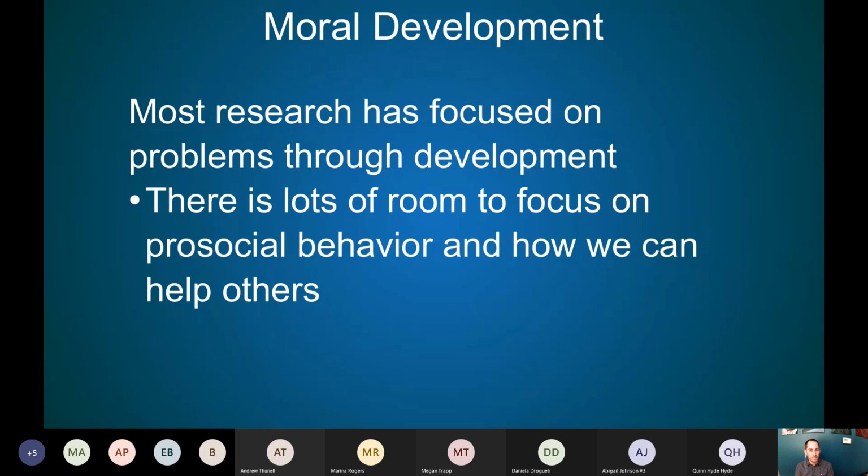With this, a lot of research on development, on socio-emotional learning, focuses on problems. So why are kids so angry, or why are kids so anxious? Why are kids having bad behaviors? Why are they being delinquent? A lot of research starts off with those kinds of questions. And so we have a lot more answers on why these kinds of bad things happen, or why these negative outcomes are happening.